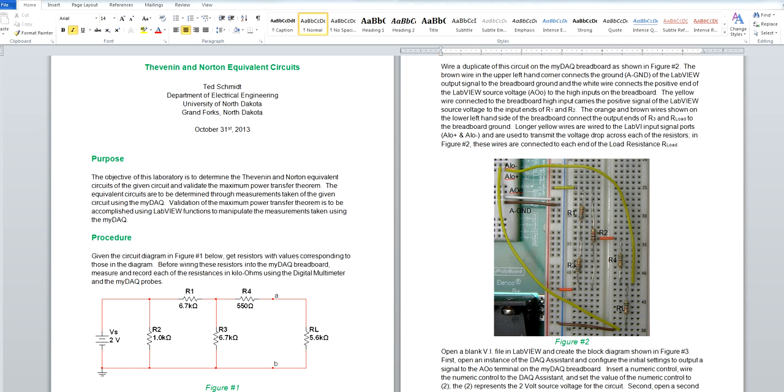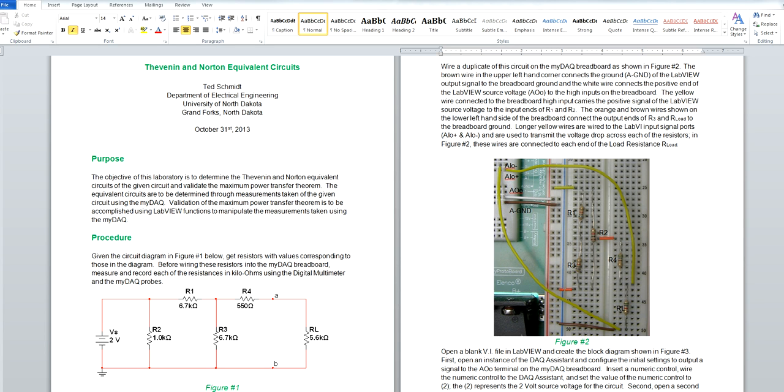This is the input node for both load resistor number 1 and load resistor number 2. Notice in Figure 1 that they share a common inlet node, just as they do on the breadboard. Load resistor 3, of course, extends from the outlet node of load resistor 1 to ground.